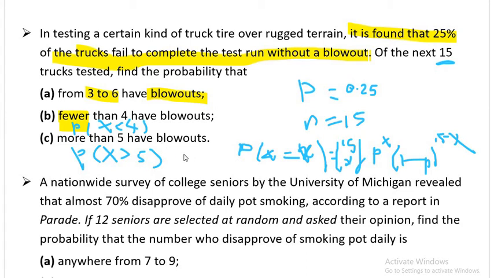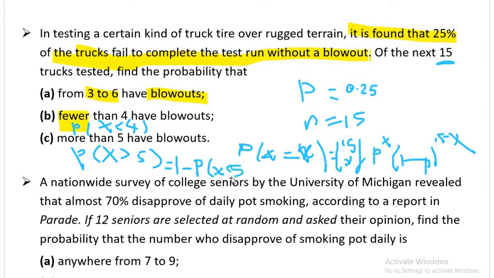Up to 15. You can make it short because you know that the sum of all probabilities is 1, right? So if I subtract from 1, you can reverse the inequality. You can write x less than 5. Why did I do this?